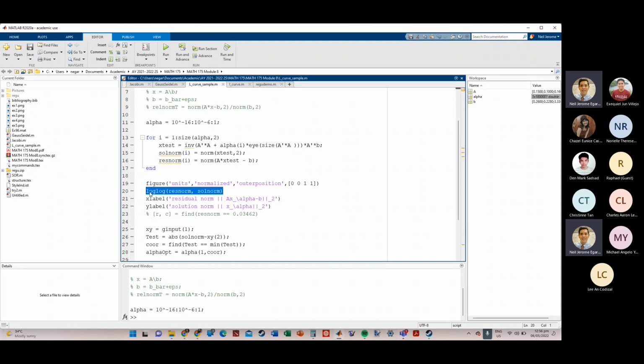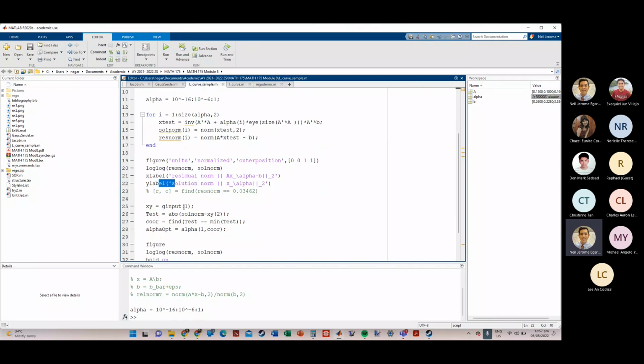Ibig sabihin, logarithmic yung scale sa x-axis, logarithmic din yung scale sa y-axis, kaya powers of 10 yung scaling doon sa x at saka sa y-axis. Kay MATLAB, ang kanyang syntax ay loglog. Tapos, label ng x-axis, label ng y-axis.